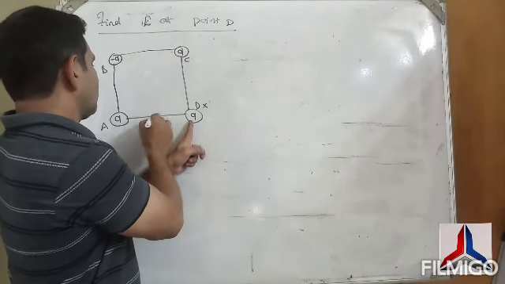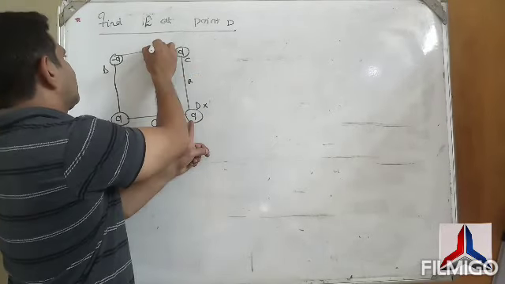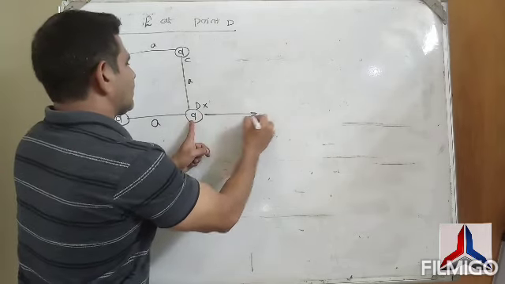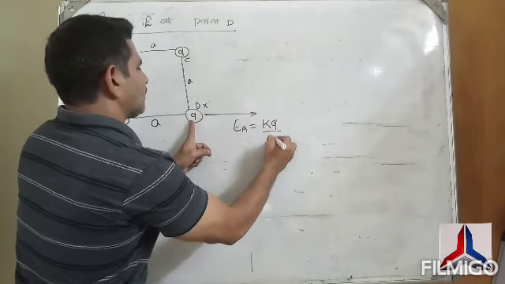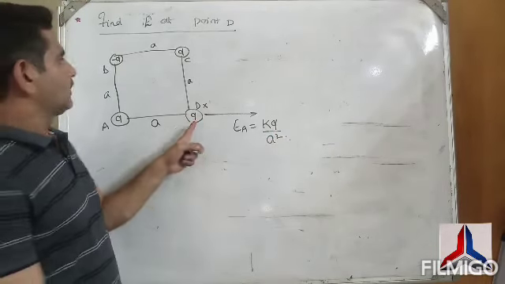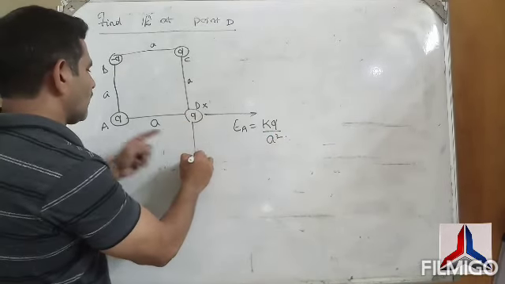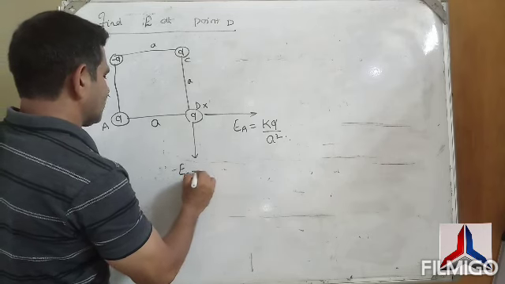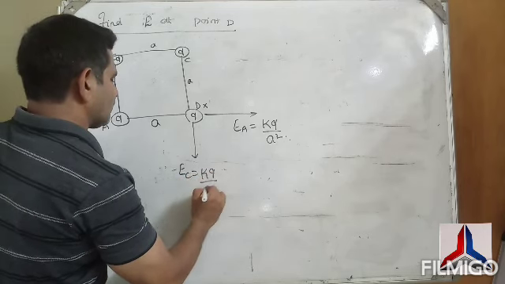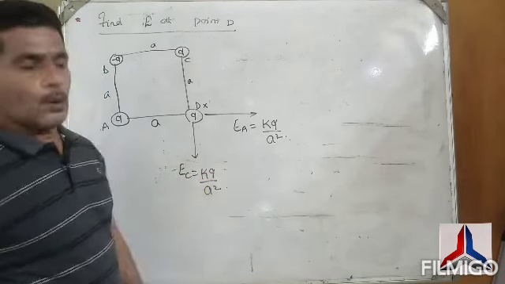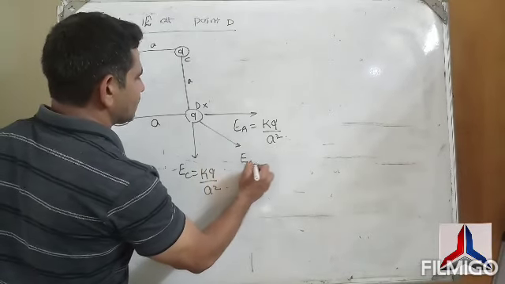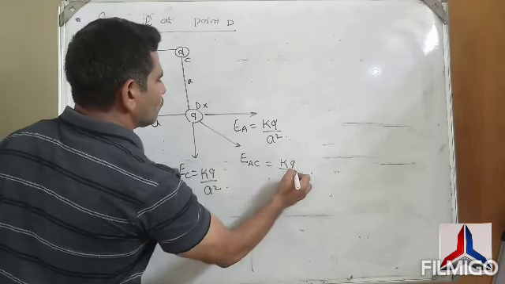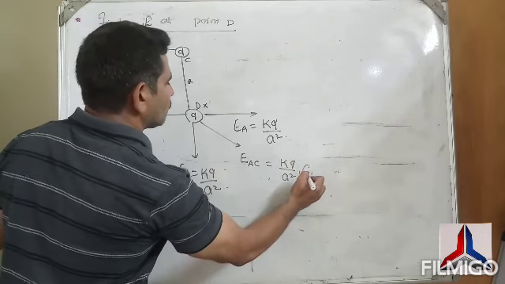Now this is positive, and at a distance A you can take the electric field intensity as KQ by A square. Understand? Similarly, C gives electric field intensity KQ by A square. Already we have done that electric field intensity EAC is KQ by A square into root 2.